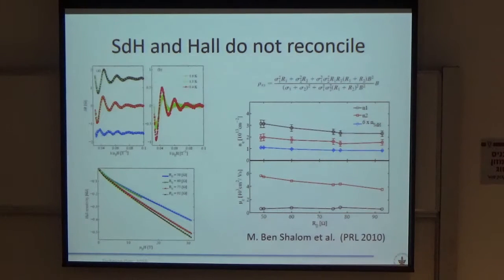And we can calculate the carrier concentrations from both measurements, and we see that they do not reconcile. For example, here this is the Shubnikov-de Haas multiplied by 6, and these are the two bands from the Hall, if you just naively assume two-band conductivity. Okay, so this is a problem.